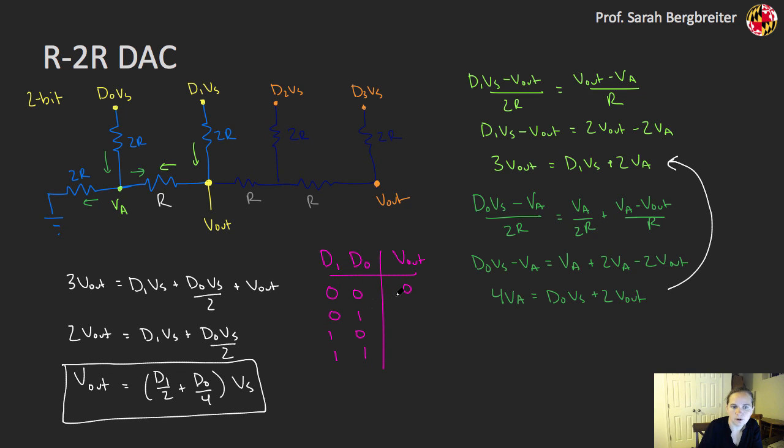If D0 is 1, I'll get VS over 4. Similarly, VS over 2, and 3 VS over 4. This also matches up with the output that we talked about earlier of getting your code over 2 to the m times, in this case, our VFSR is VS.